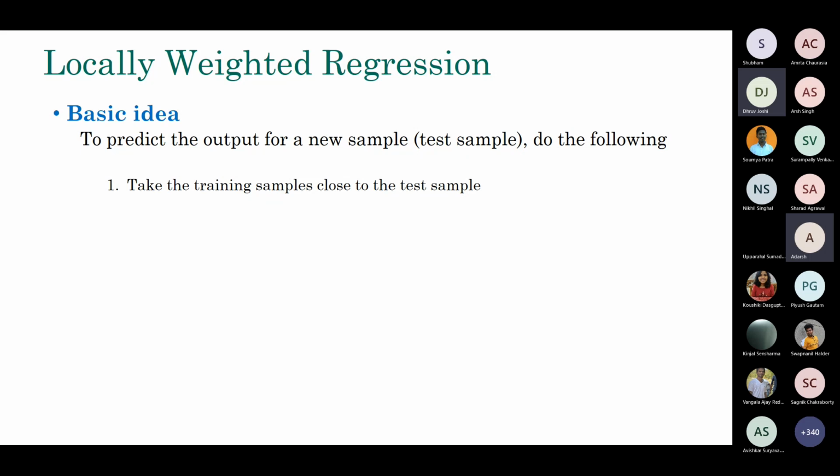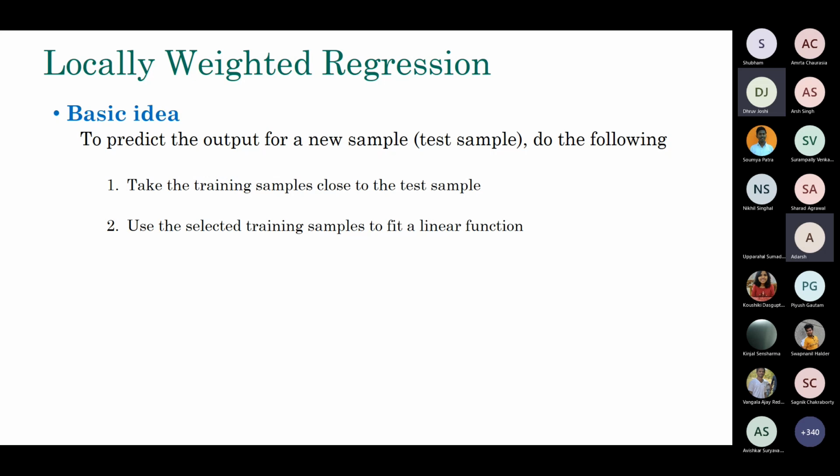You have a bunch of training samples where the output value is known. For the test data, you have the input variables but not the output. Using these input features, we figure out which training samples are close to the test sample.